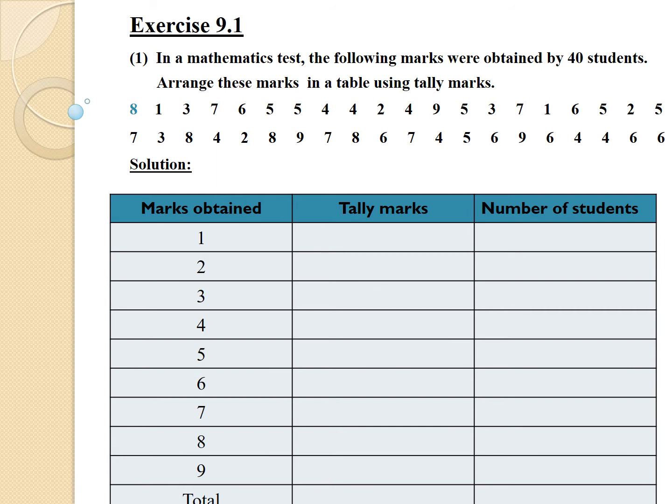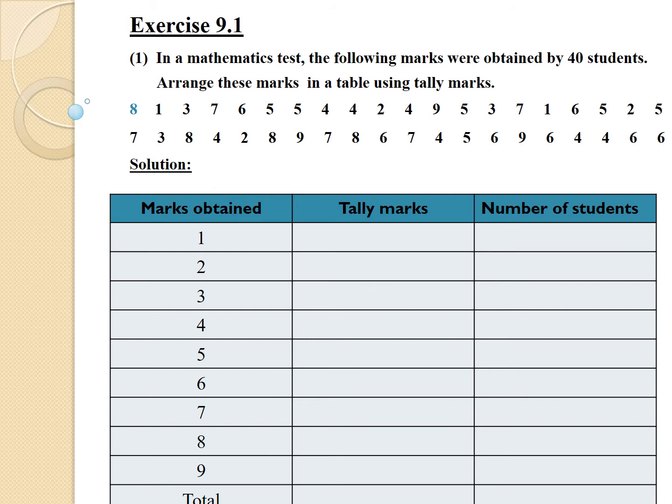Arrange these marks in a table using tally marks. 8, 1, 3, 7, 6, 5, 5, 4, 4, 2, 4, 9, 5, 3, 7, 1, 6, 5, 2, 5, 7, 3, 8, 4, 2, 8, 9, 7, 8, 6, 7, 4, 5, 6, 9, 6, 4, 4, 6, 6.